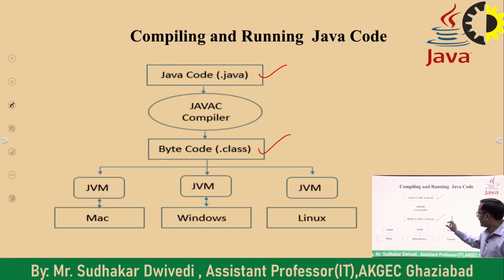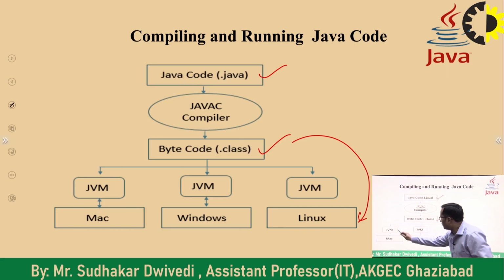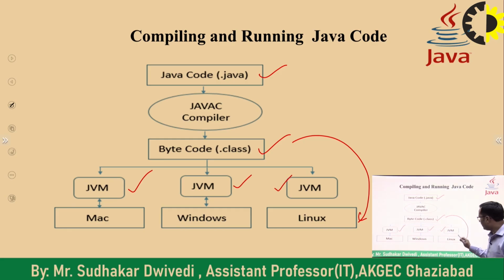But as I have said, this .class file is not directly targeted to a particular machine. That means the .class file is not machine dependent code. This .class file is according to the JVM, the Java Virtual Machine, and this Java Virtual Machine is actually targeted to a particular machine.